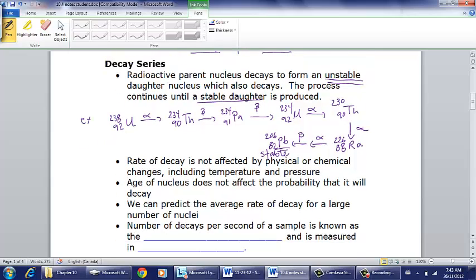The actual rate of decay is not affected by physical or chemical changes, and the age of the nucleus does not affect the probability that it will decay. We can't predict when any one given nucleus is going to decay, but we can predict the average rate of decay for a large number of nuclei. The number of decays per second of a sample is known as the activity of the sample.